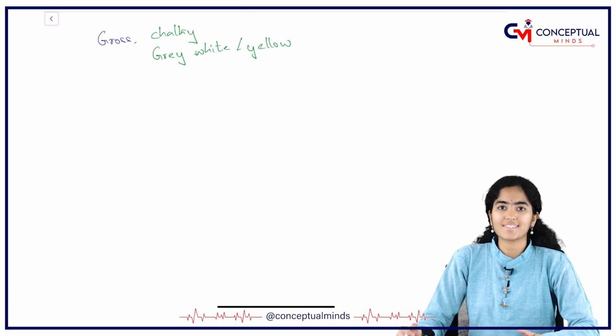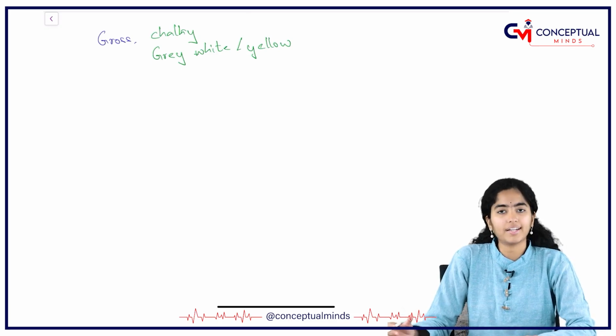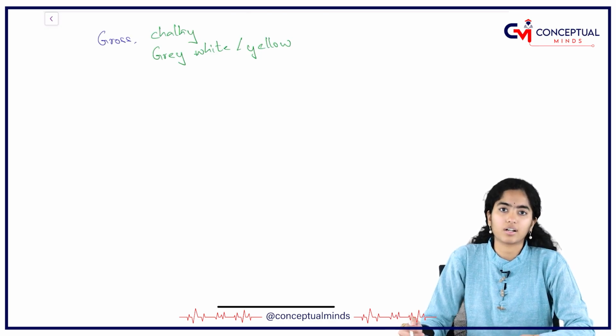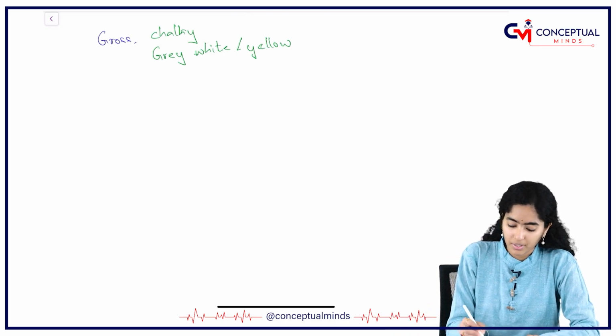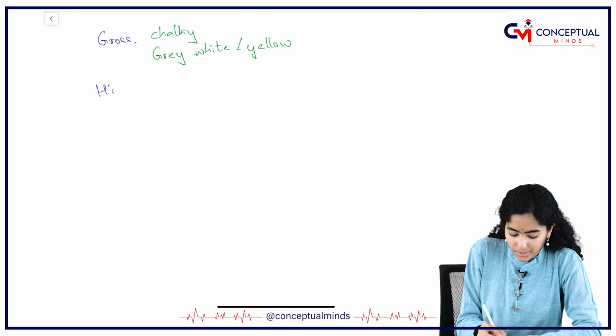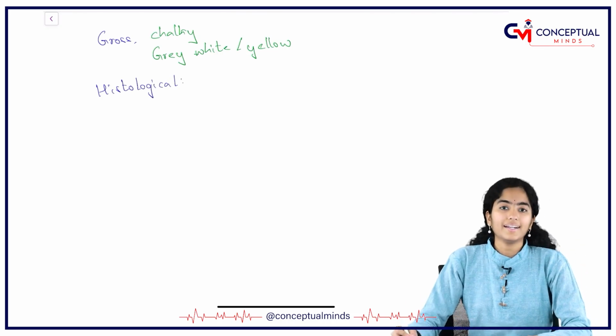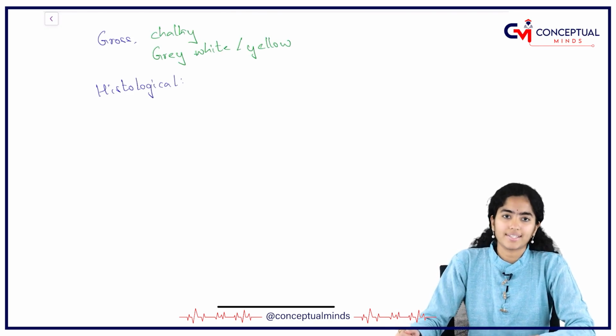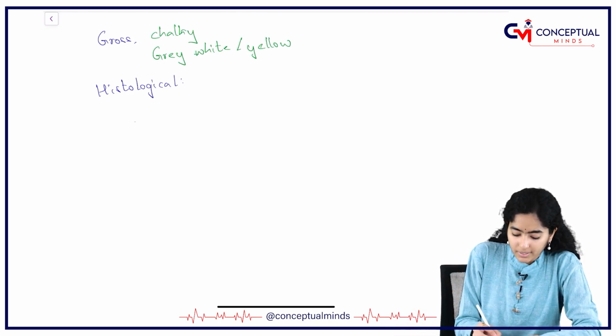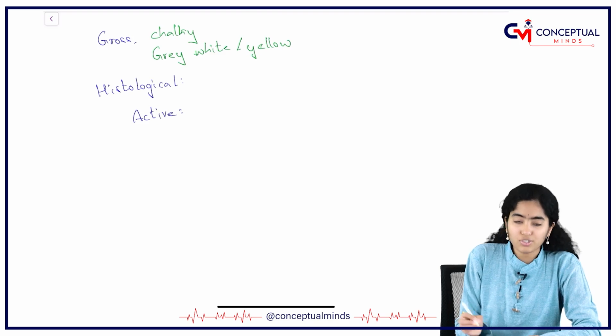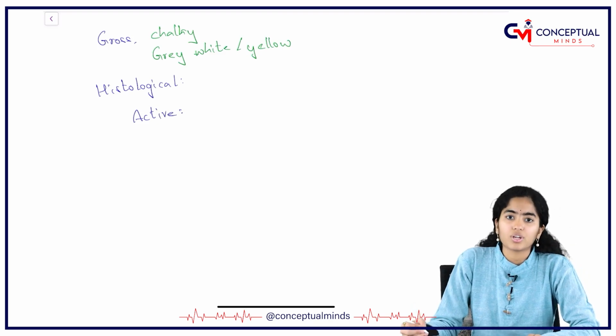This is the gross appearance. Initially the footplate, later on even other parts around it can get involved. And the histological appearance depends upon the stage of the disease. The disease could be in active stage or in inactive stage.